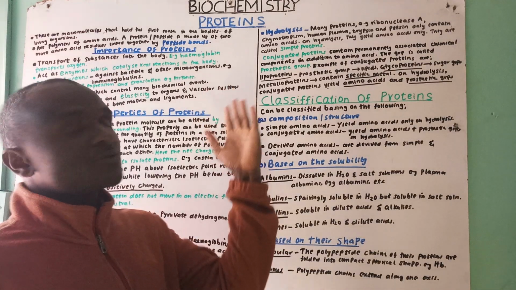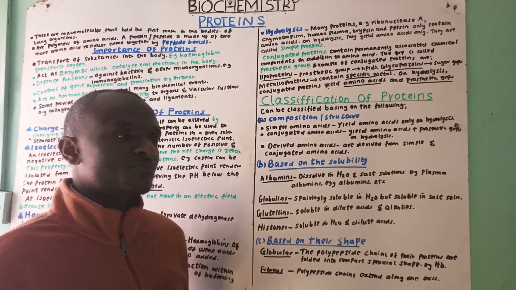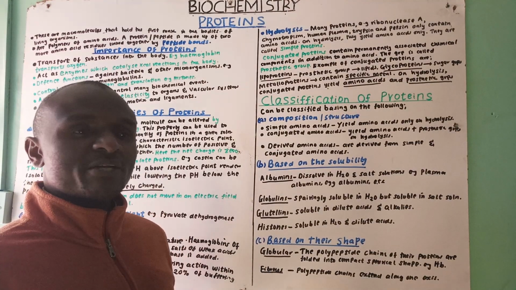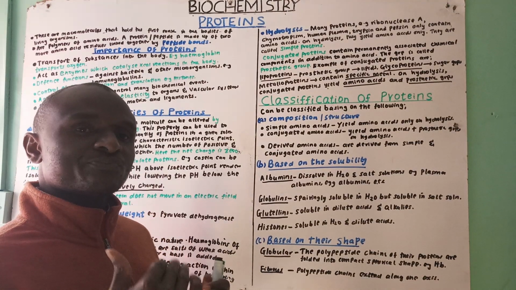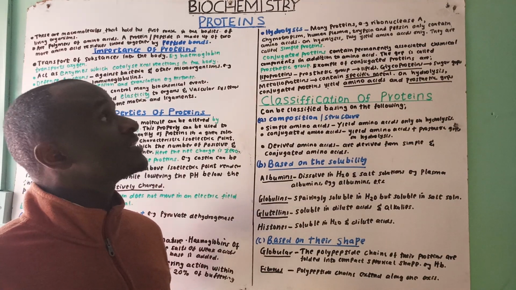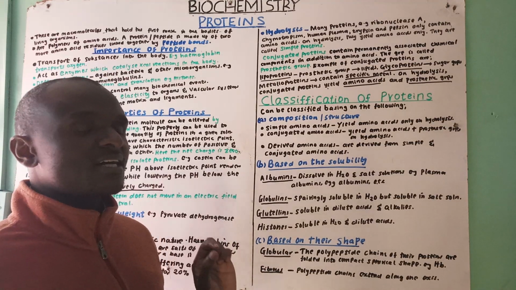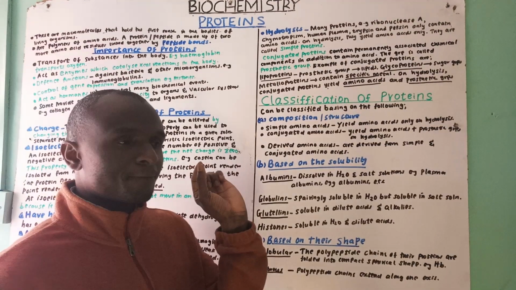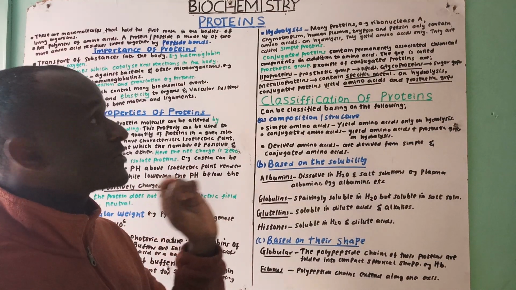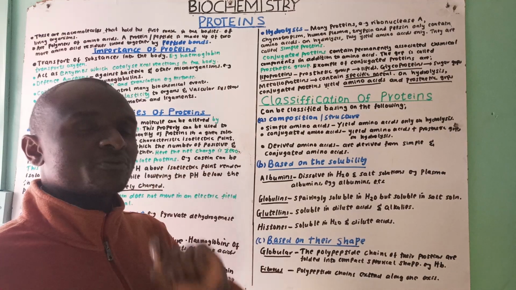So before we go to proteins, previously we were looking at amino acids. Amino acids refers to carboxylic acids that contain amino groups. We describe amino acids as monomers of proteins.